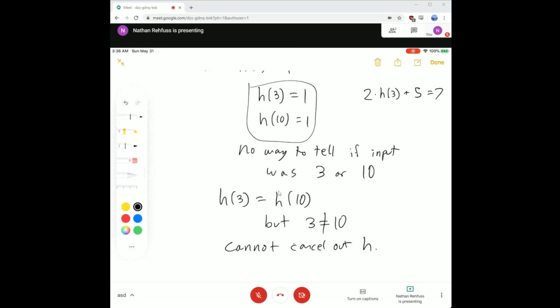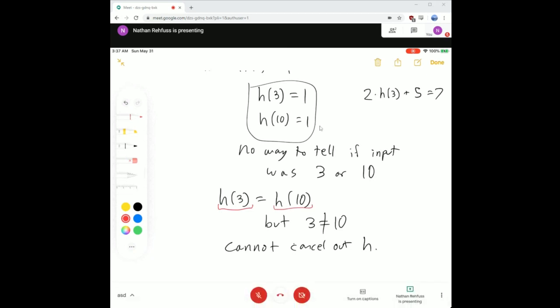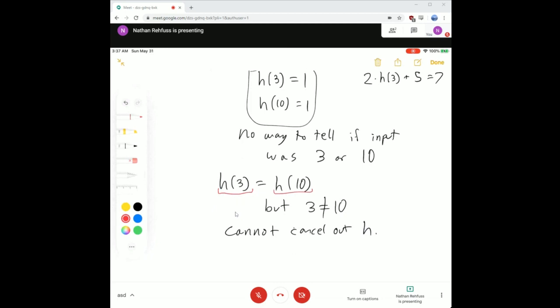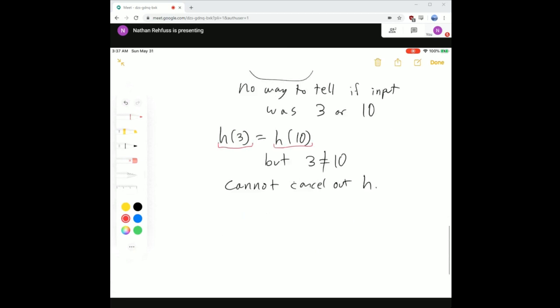I can't cancel out the h here. This entire object h of 3 acts like a variable, and h of 10 acts like a variable, but h itself is the function notation. So this whole thing is one particle. I can't cancel out the h here because, well, clearly 3 is not equal to 10. Or here's another way that this is different from a variable.